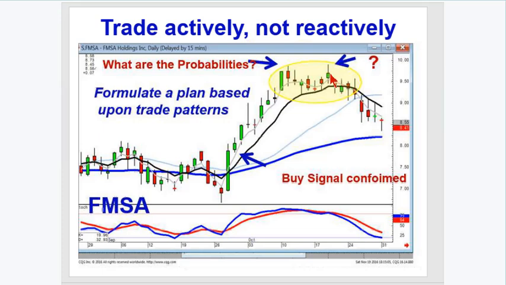Even though it hasn't closed below the T-line, it kind of gapped down, doing a mini bearish kicker signal, you want to start closing out the position, because what did this level tell us? They weren't going through. The stochastics were starting to roll over. Let's get out of this position. Let's go find something that looks more like this, where the probabilities are much greater in our favor.